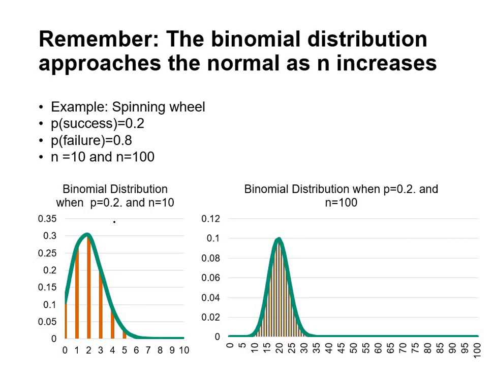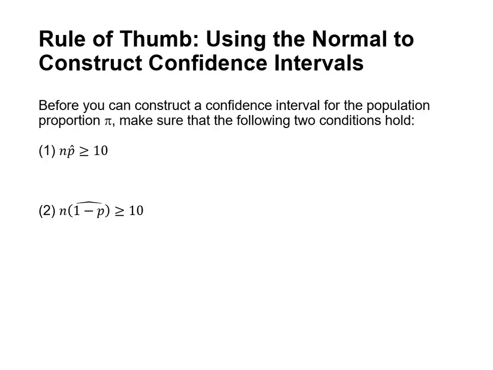So we need to first check a certain condition to be sure we can use the normal distribution. That is the rule of thumb for using the normal to construct confidence intervals for proportions.